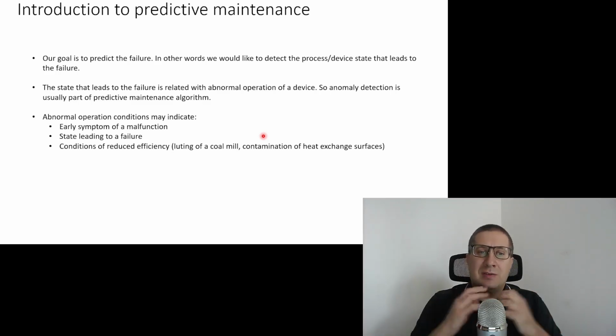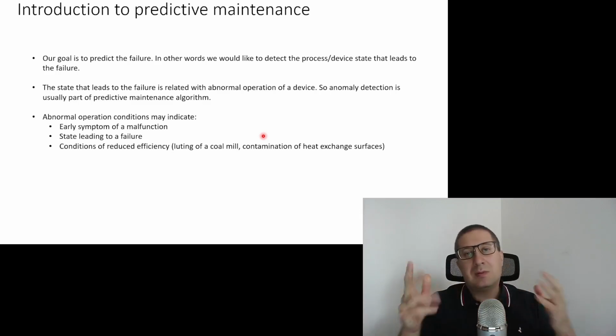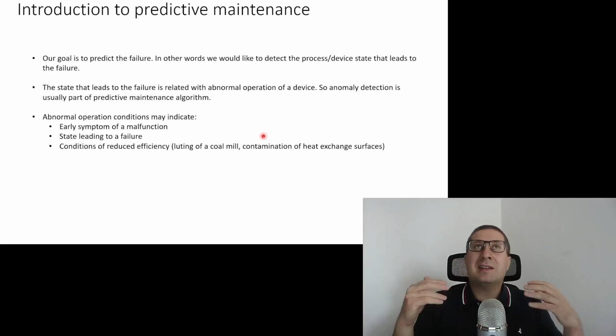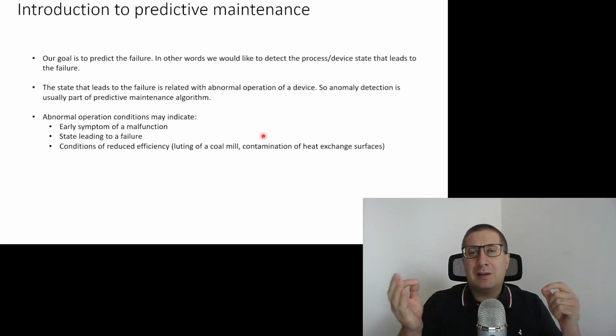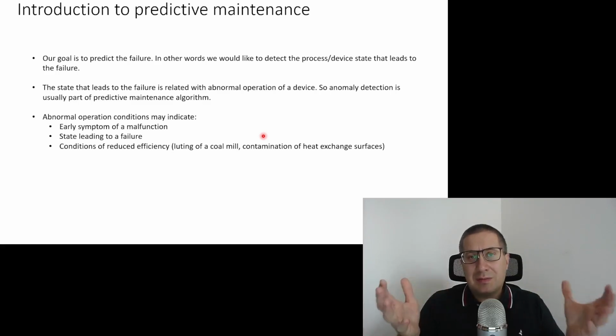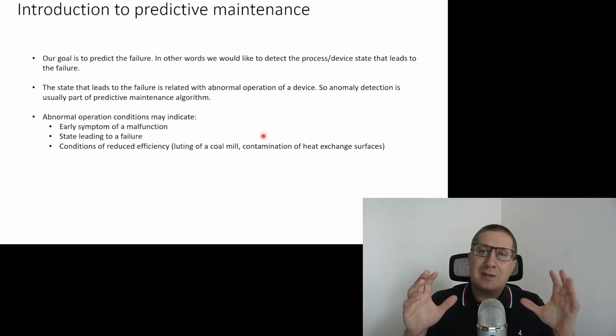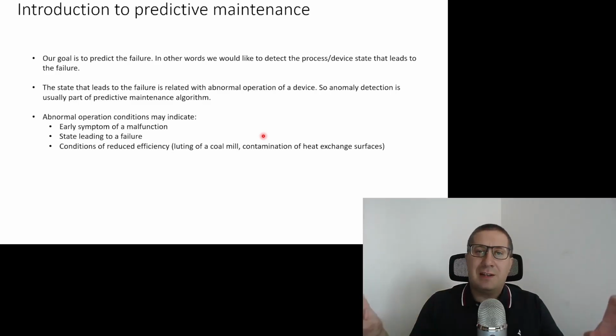Usually are part of the predictive maintenance algorithms. So I say that the failure is the anomaly that we can name. We know what causes such a failure. We know what are the results of such a failure. Then, if we know those things, we can name the anomaly a failure, right?